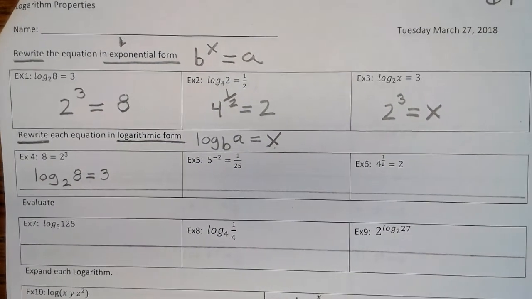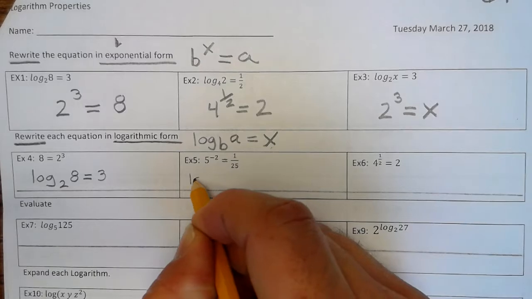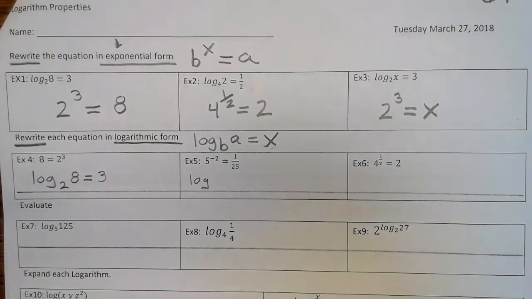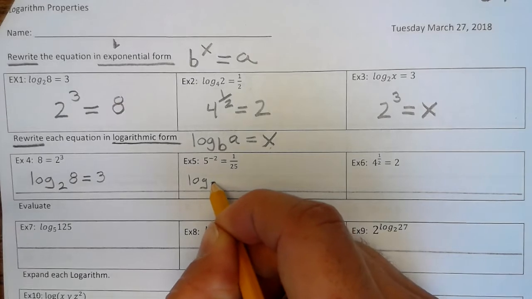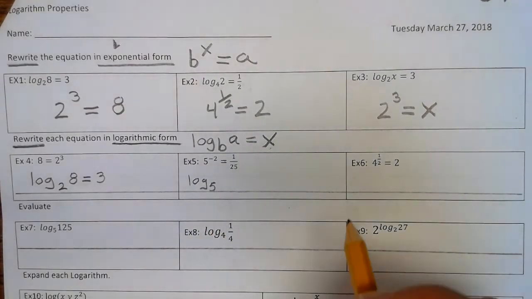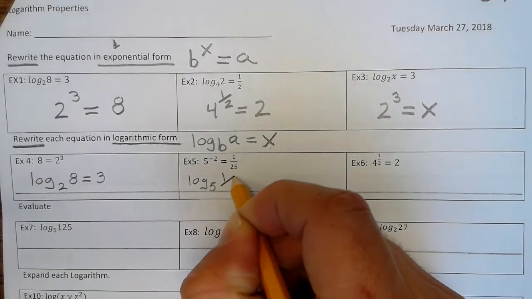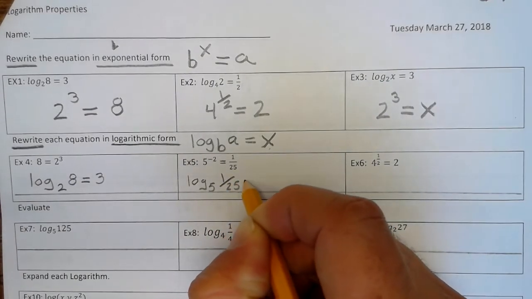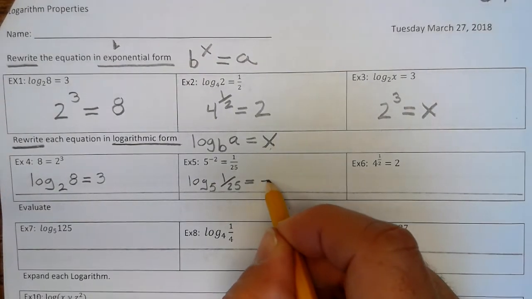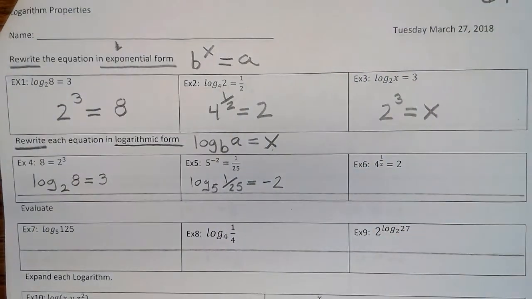All right, so now example 5. So again, we're going to look for the b value first. So the b value is 5. The a value is 1/25 equals the x value, which is -2. All right, so you might try example 6 on your own.